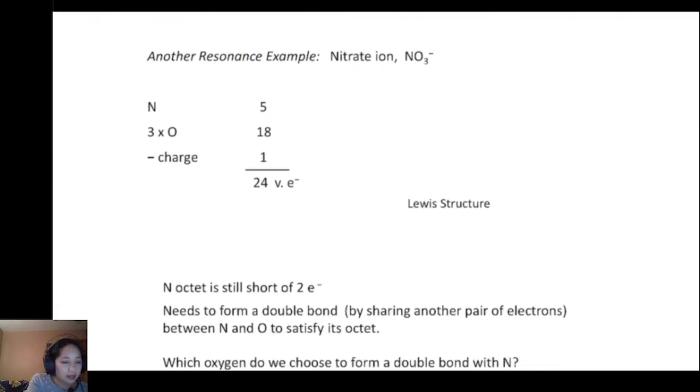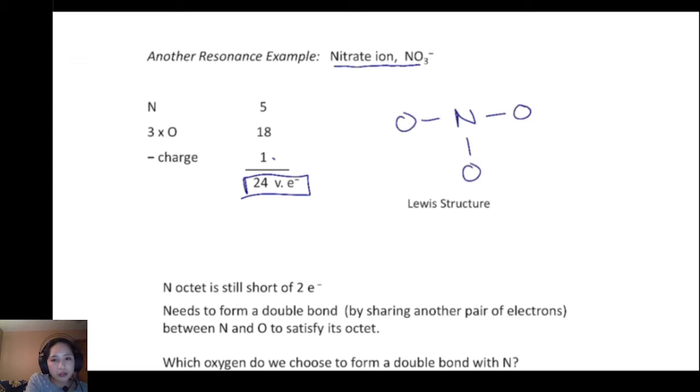So here's the nitrate ion. Let's draw out that Lewis structure. I saved some time here. Nitrate has 12 valence electrons. Remember that there's this -1 charge, so we have to add that extra electron to get 24. I'm going to put nitrogen in the center because it's listed first, and put the oxygens around.